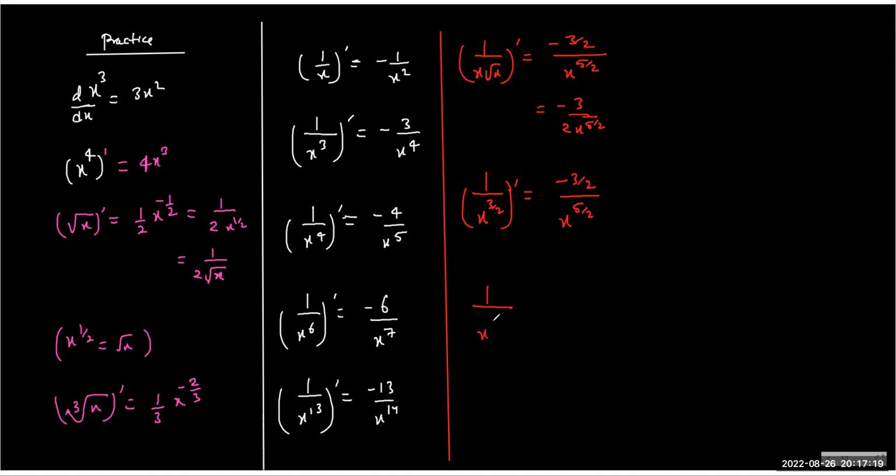If I give you like this x square root x, now minus 1 by x square, first of all, convert into x power something.